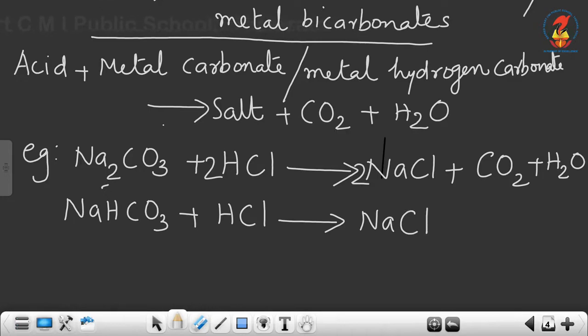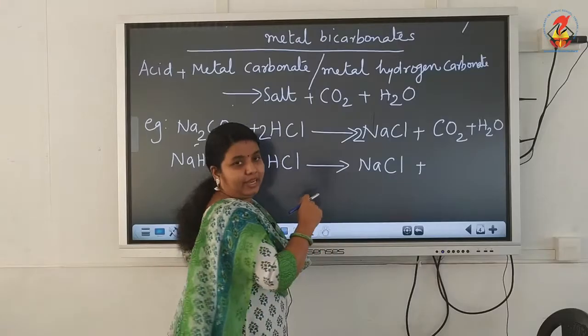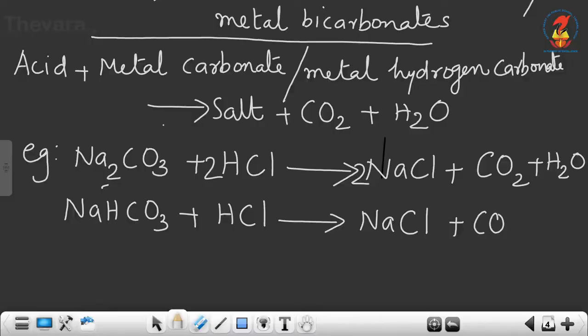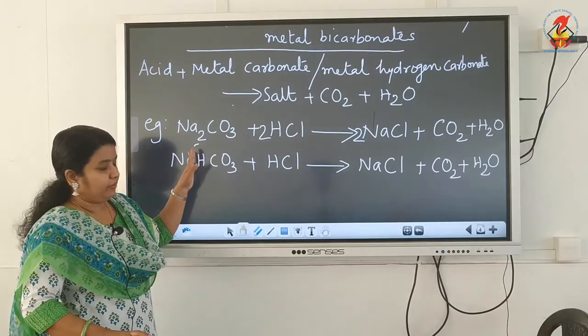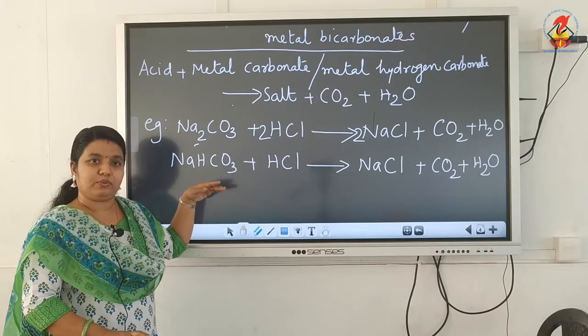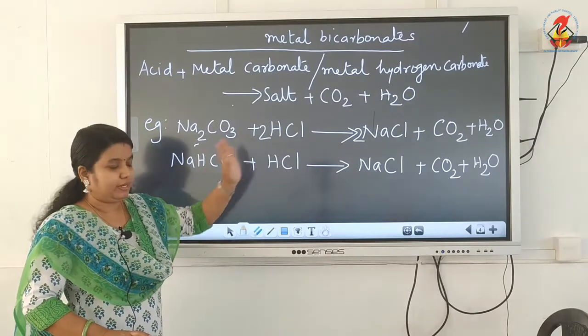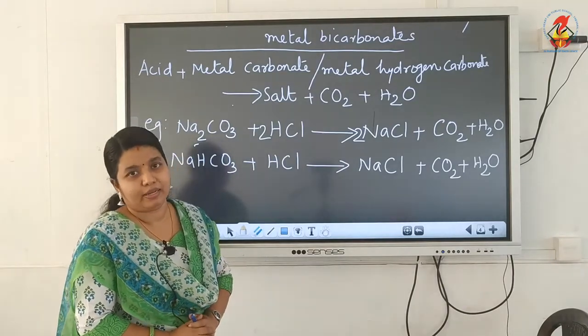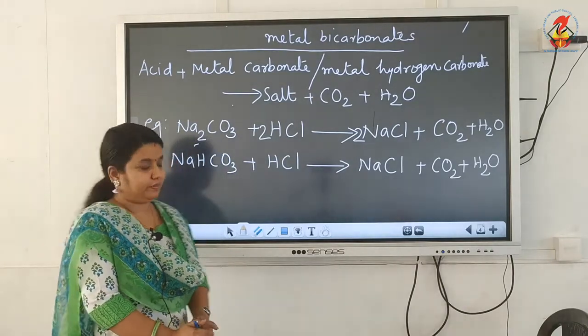So sodium chloride is the salt formed. There is no change in the salt. Other products are also the same. So the difference is only in the balancing of the equation. Whether you are taking sodium carbonate or sodium hydrogen carbonate, when it reacts with hydrochloric acid, we get the same products: sodium chloride, carbon dioxide and water.